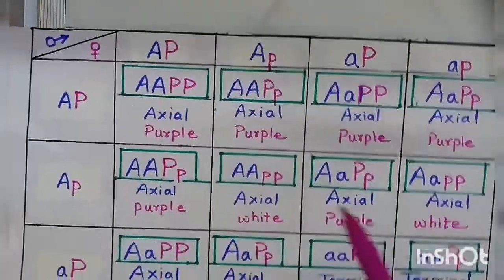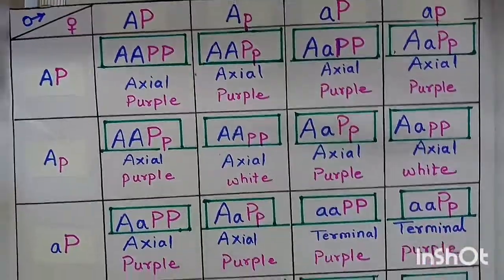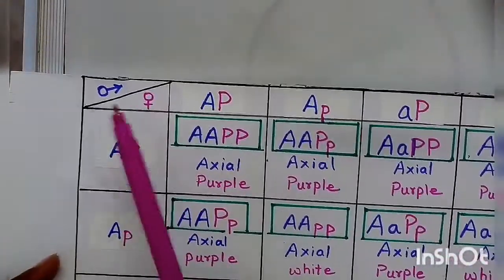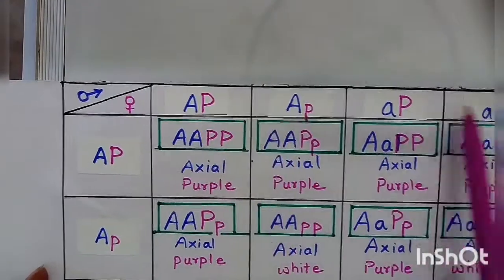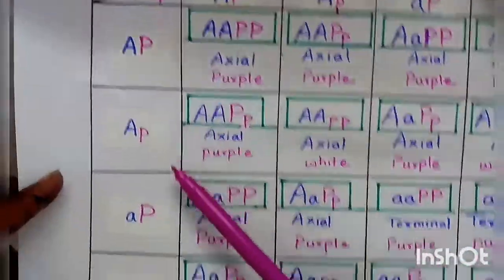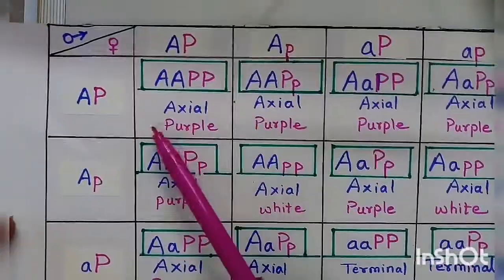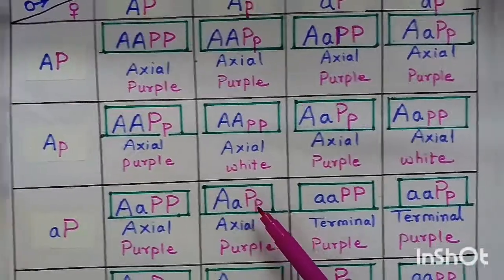Now once we complete the table, it is like this. This is the complete table. On one side we have written the symbol for the parents. This is male gametes, this is female gamete, and we have crossed them.